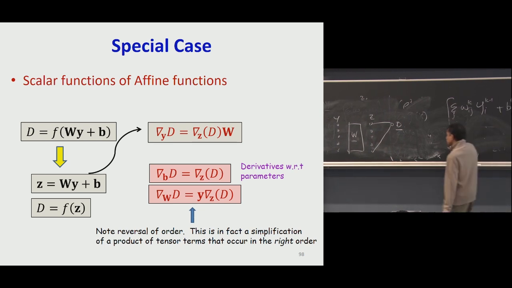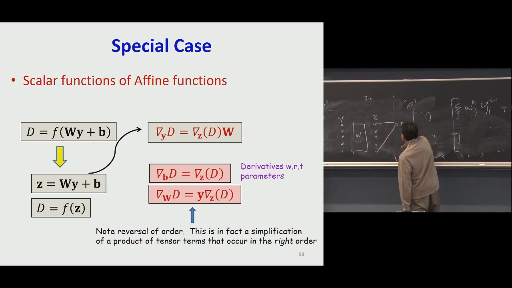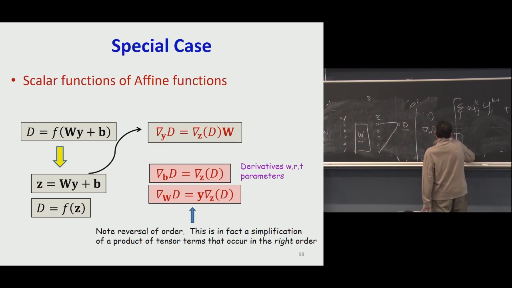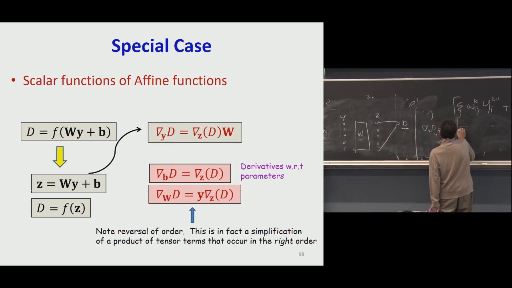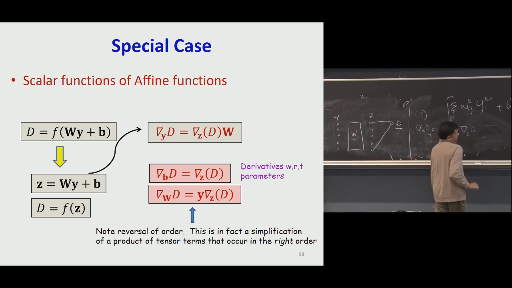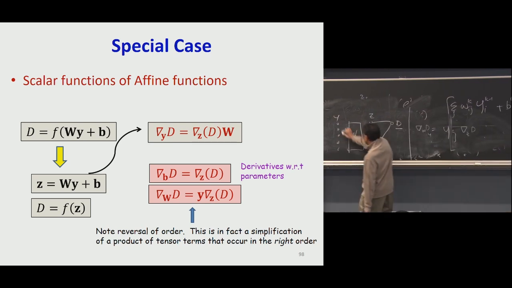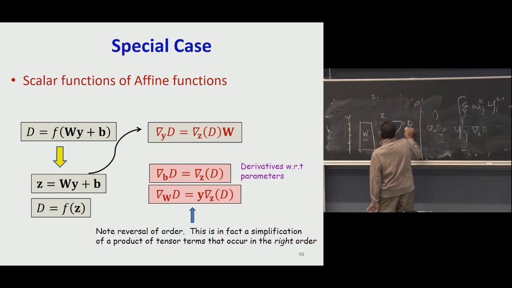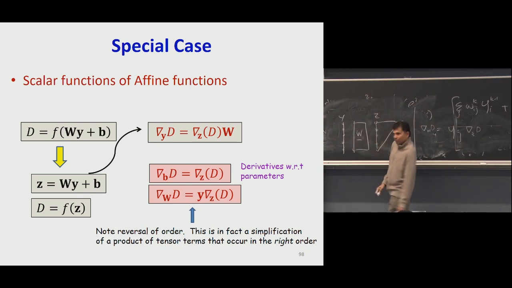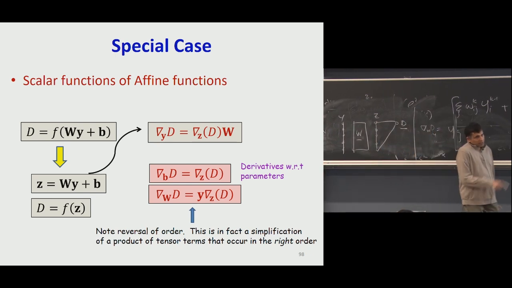But then if you rework it, what you end up with is that the derivative of d with respect to W is going to be y times the derivative of d with respect to z. The derivative of d with respect to z is a row vector, right?